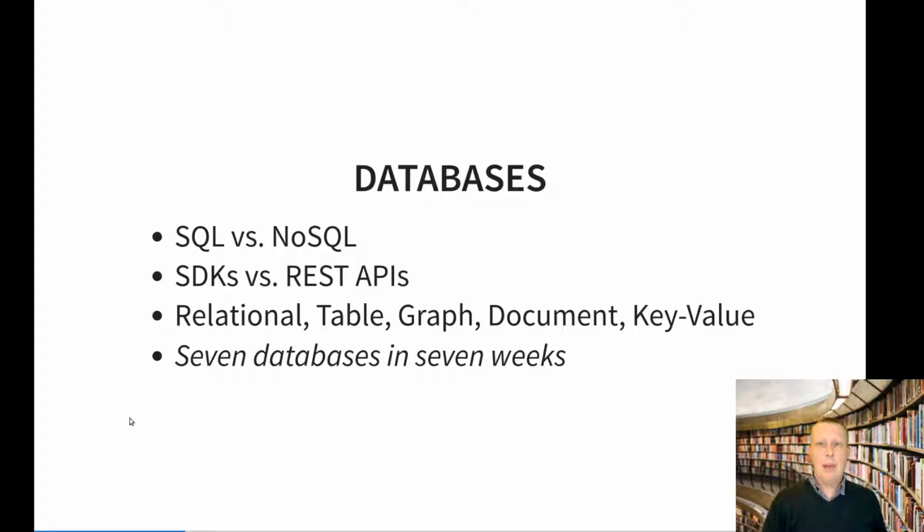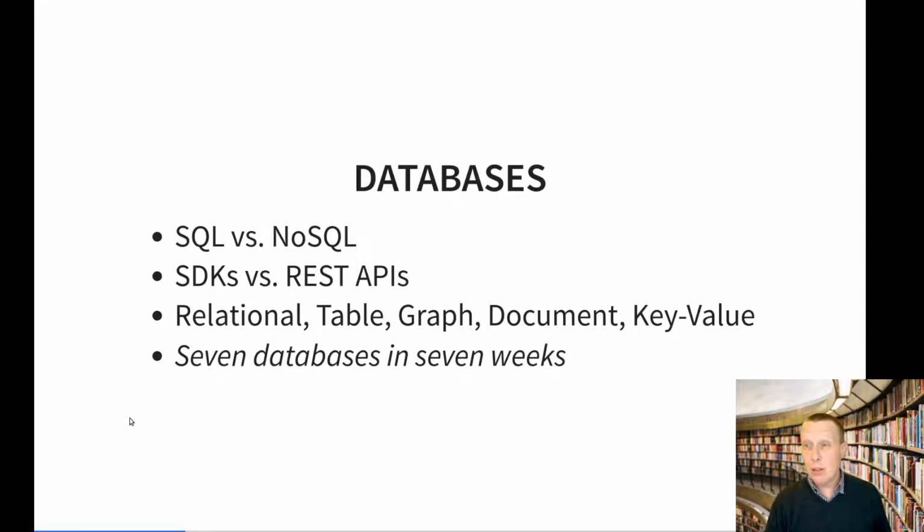So in the broad sense, we have relational databases, which is your typical SQL database like Postgres or MySQL or Oracle. Then we have table databases, we have graph databases, which I really like for certain things. They're great. And if you haven't looked at graph databases, please do, because it's great fun, and they make you look at the world in a different way.